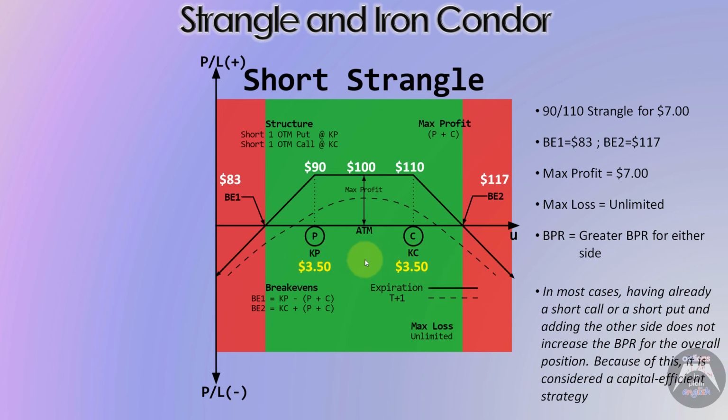In that case, the buying power reduction for the whole position is going to be $2,000. It's not going to be $2,000 plus $1,800. It's not going to be $3,800 because they're not added up. You can only lose on one side at expiration. You can't lose on both sides. That's why you're only margined on the higher margin side that you have for this position.